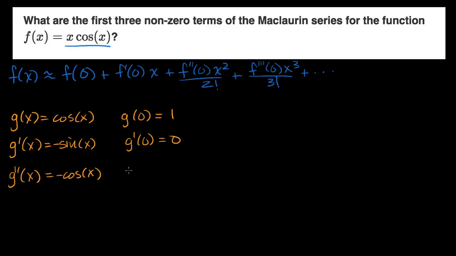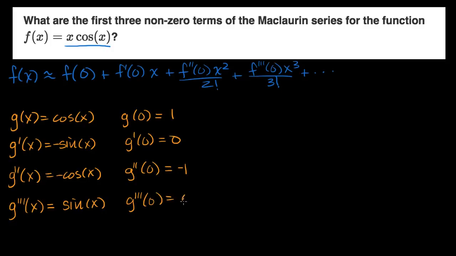So the second derivative evaluated at 0 is going to be equal to negative 1. You might start seeing a pattern here. The third derivative is equal to sine of x, and if I evaluate the third derivative at 0, I'm going to get 0 again.